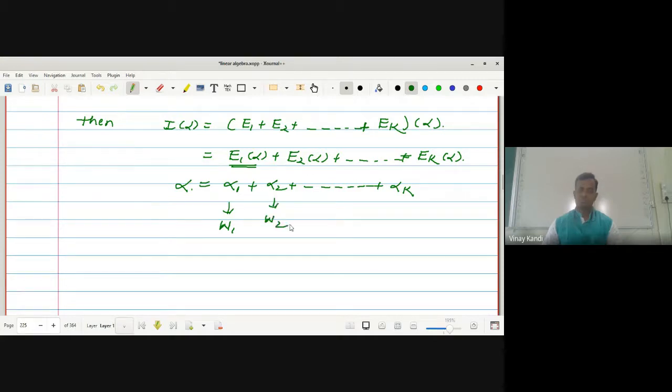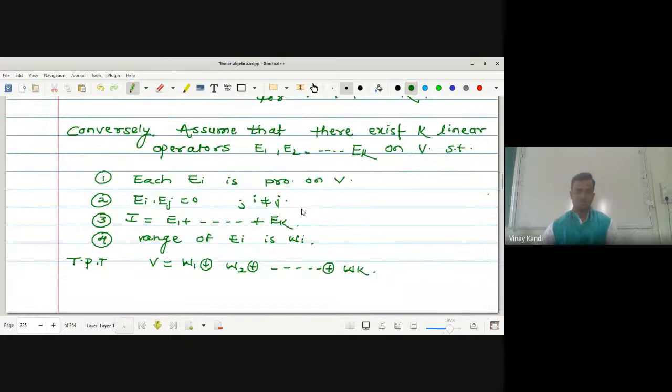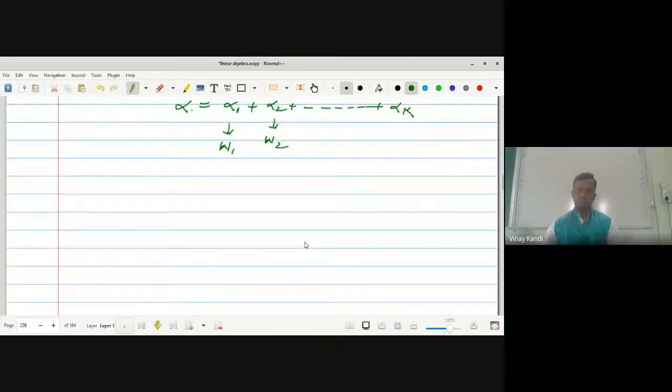W2. This is the fourth condition: range of EI is WI. What is the range of EK? WK. So this alpha belongs to W1 plus W2 plus up to so on WK.